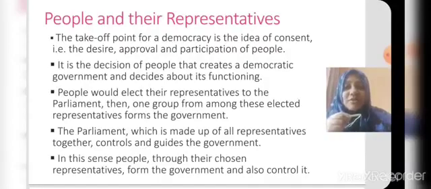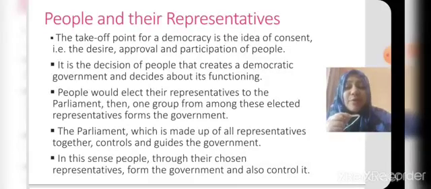Consent does not just include the participation of people, but also the desire and the approval, whether people approve of the person who stands as a representative for them, and whether they want that person to become their representative, and that is the reason participation of people is very important. It is the decision of people that creates a democratic government and decides about its functioning.